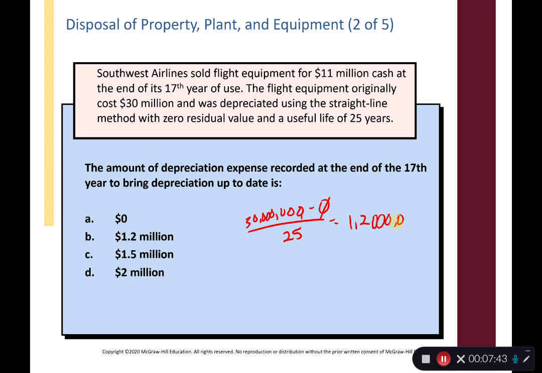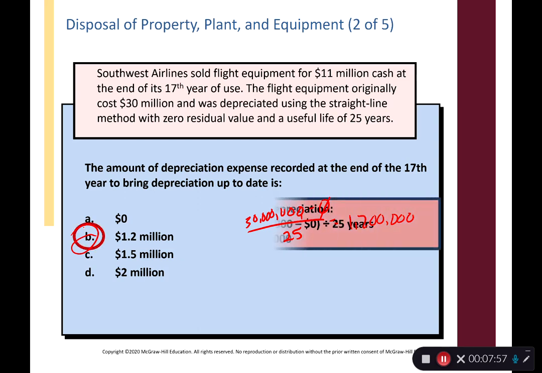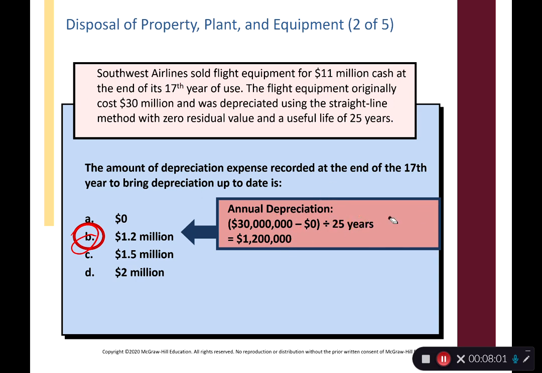Too many zeros. So we have 1.2 million would be the depreciation that we need to record to get the accumulated depreciation up to date. Should have just waited for the answer to pop on here, all nice and pretty. So that's how we get the 1.2 million.